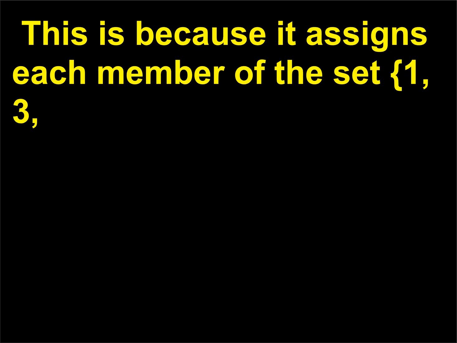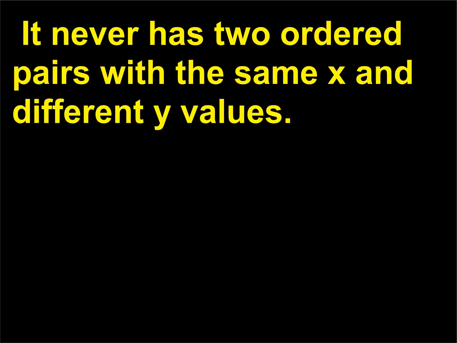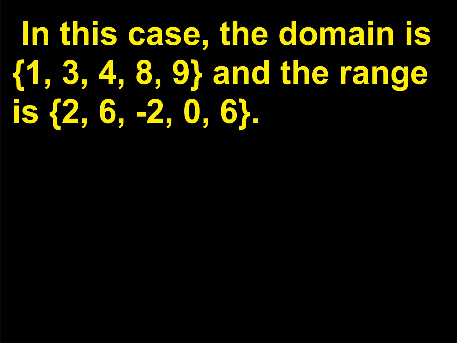This is because it assigns each member of the set {1, 3, 4, 8, 9} exactly one value in the set {2, 6, -2, 0, 6}. It never has two ordered pairs with the same x and different y values. In this case, the domain is {1, 3, 4, 8, 9}, and the range is {2, 6, -2, 0, 6}.